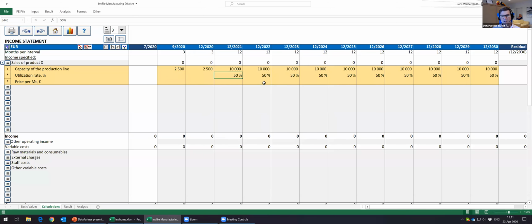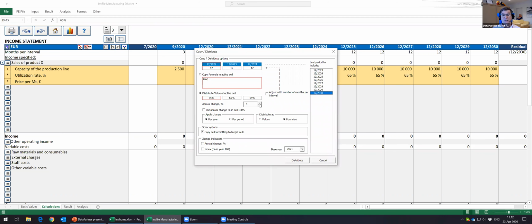The format I mean to percentage, so then I can just slightly adjust. I can also enter hard code values like we just know by experience or expect that it will be 65% second year. And from that point forward, it only grows slightly per year. Let's say it grows with 2% annually.